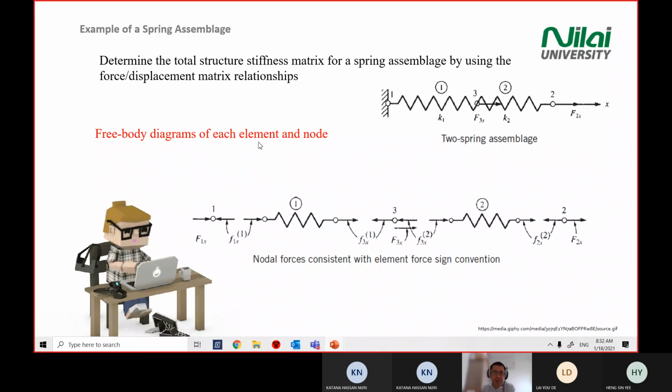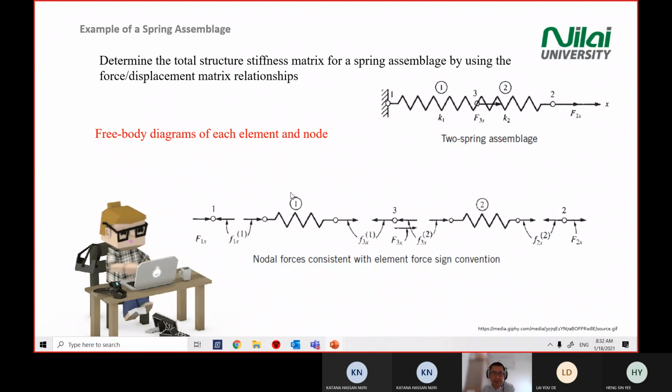The first step when we break our assembly into individual elements and nodes is that you break the node first. So you have the first node, and then after that you follow with the spring structure, the spring number 1 here.